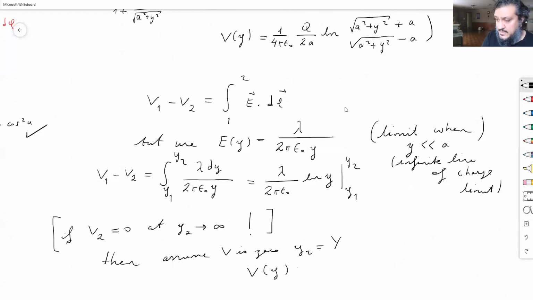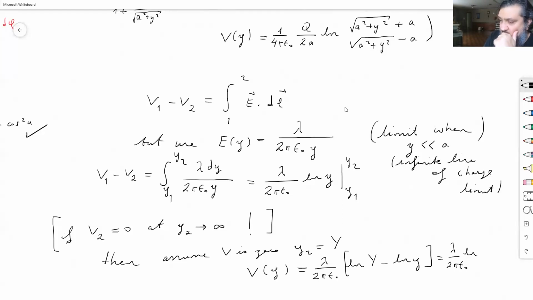Then the result becomes lambda over 2 pi epsilon 0, natural logarithm of the upper limit, capital Y, just a constant, minus ln of the variable y, or write it as lambda over 2 pi epsilon 0 ln of Y divided by y. Okay, that's the outer limit. That's what I'm going to put in the table now.